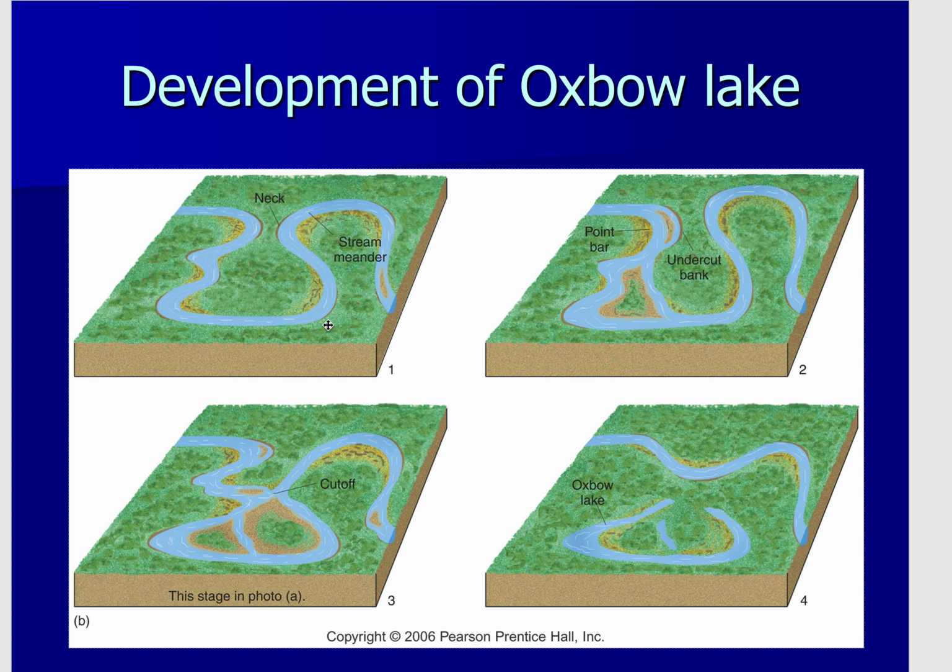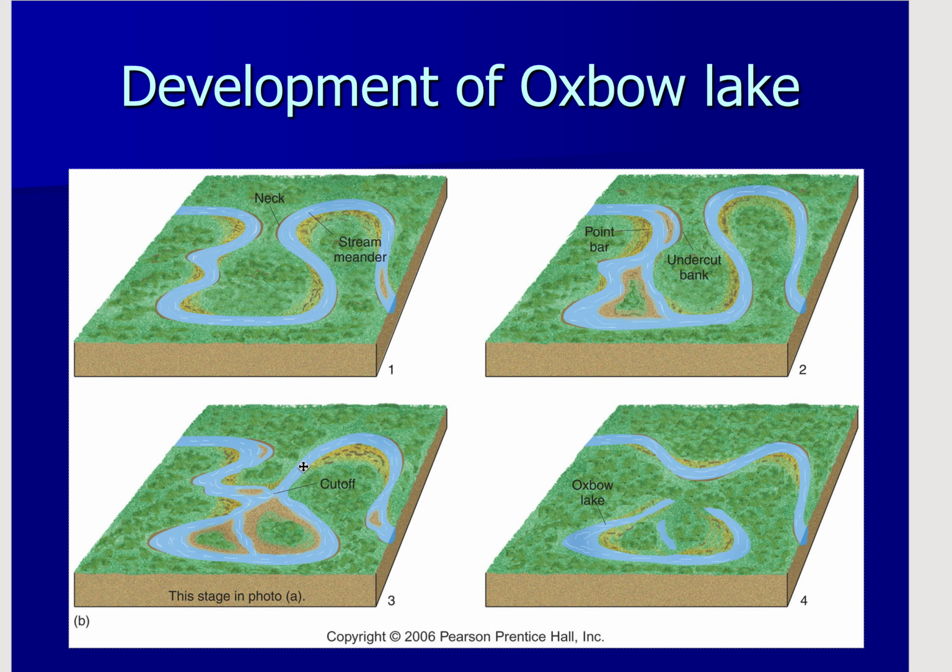So here's the river going along its channel over time, depositing and eroding material. And in doing so, we're cutting this material away and cutting this material away, and we're creating maybe different shapes in the river. Eventually, cutting this material away causes the river to join, and no longer does it take this path through here.